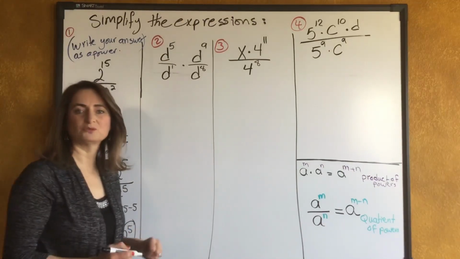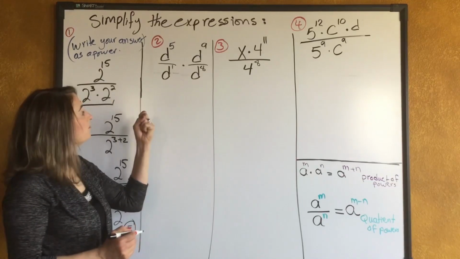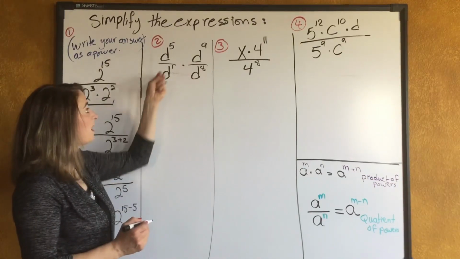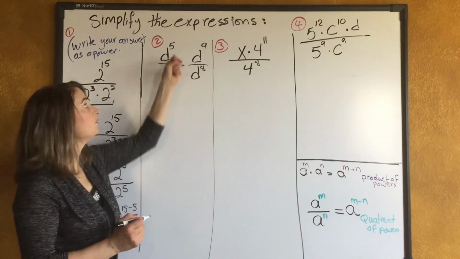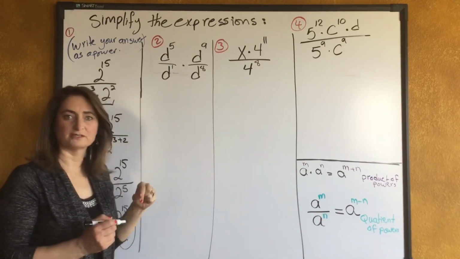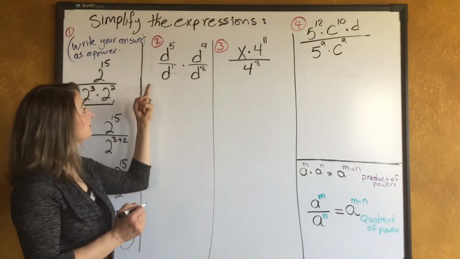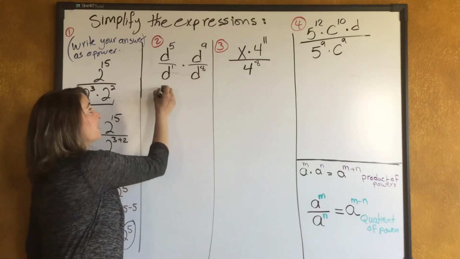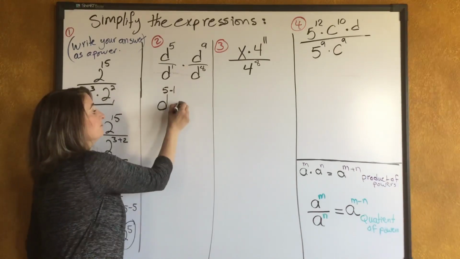Let's move on to the next one. This problem can be done two different ways. You can use the quotient of powers to simplify first, or the product of powers to multiply fractions. What I'm going to do is use the quotient of powers, which states keep the base the same and subtract the exponents for both of them.